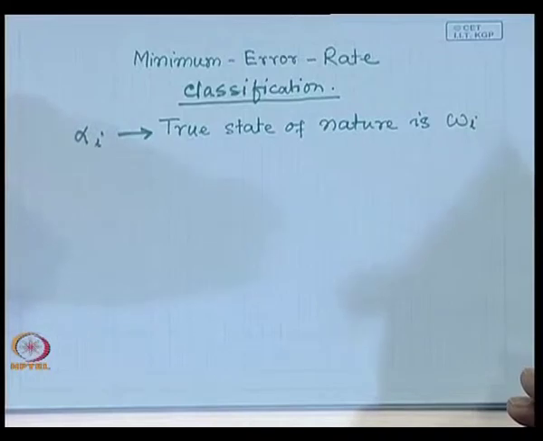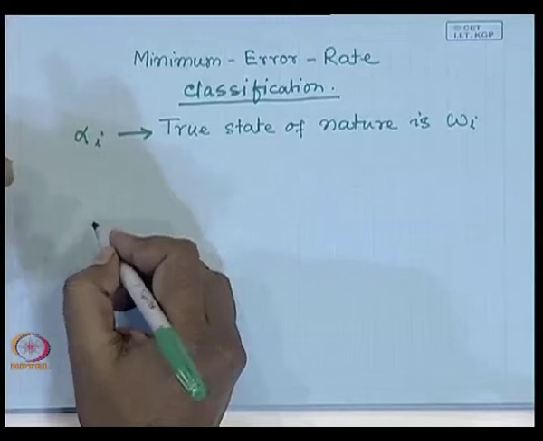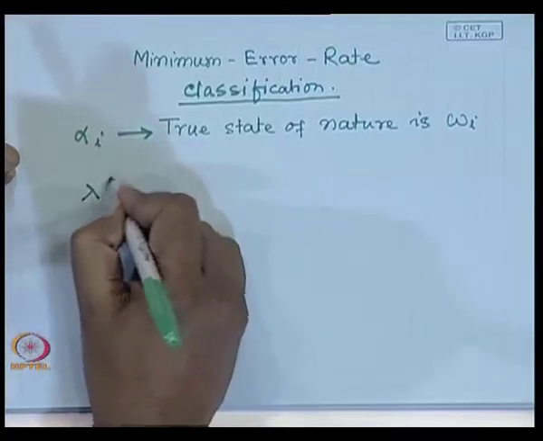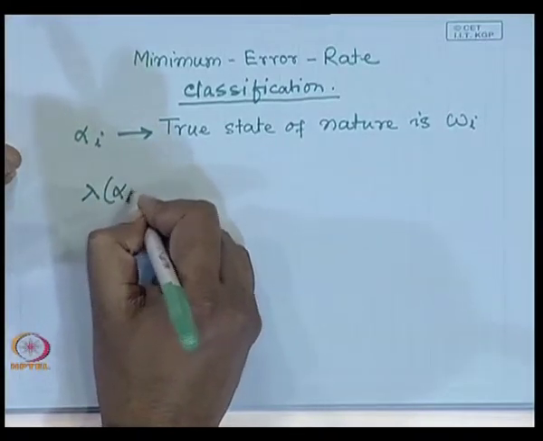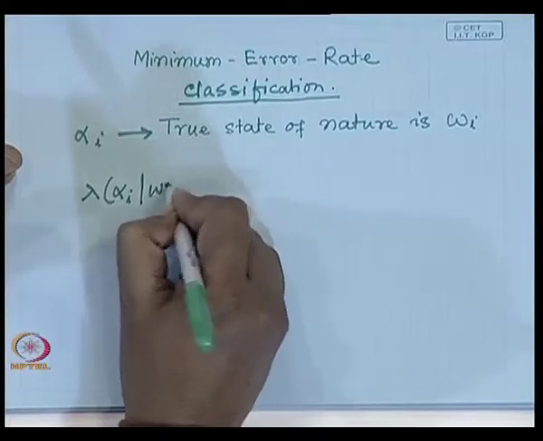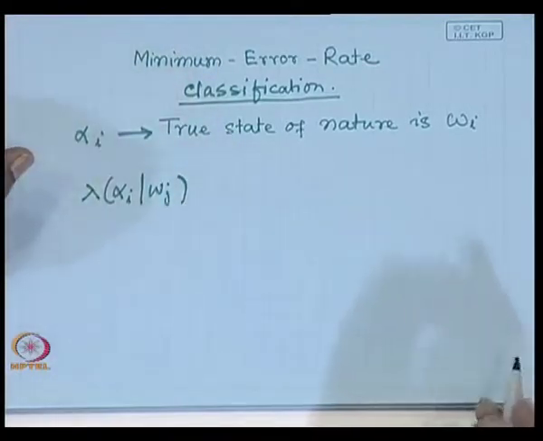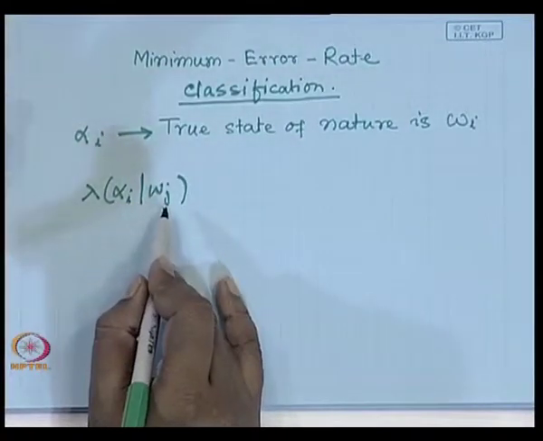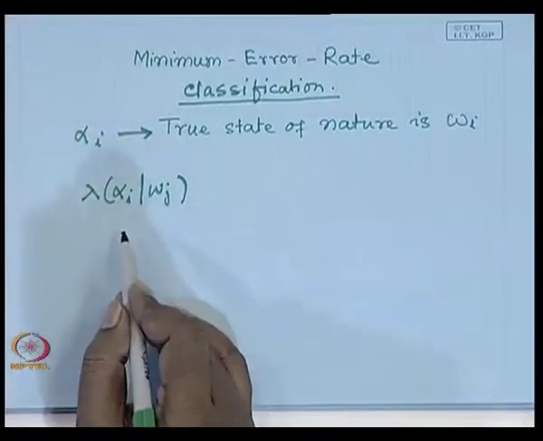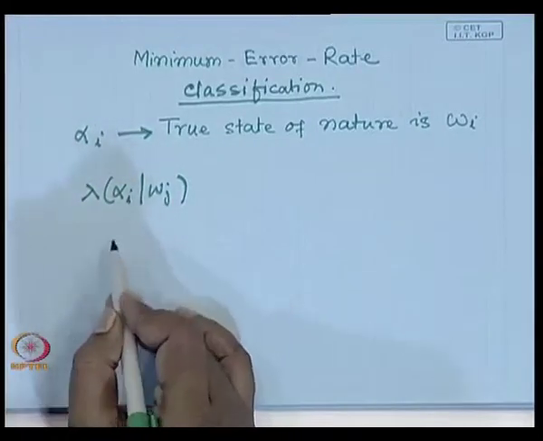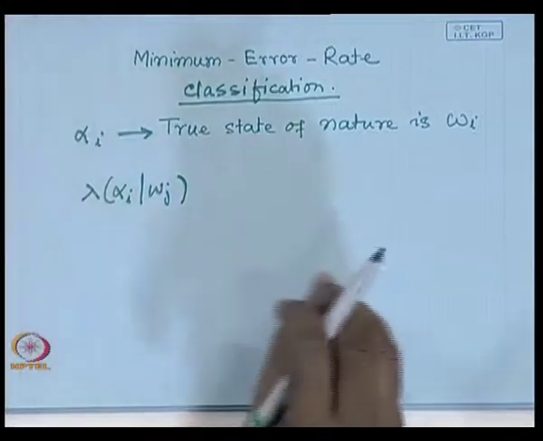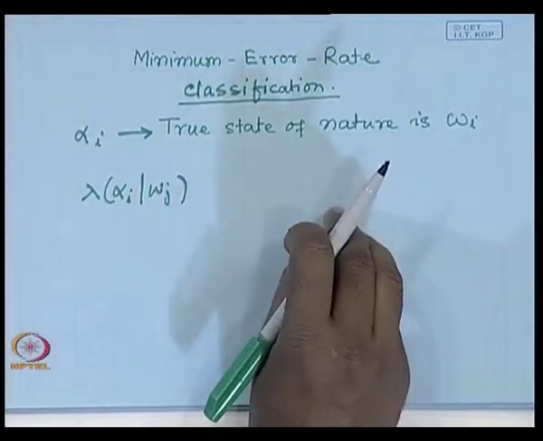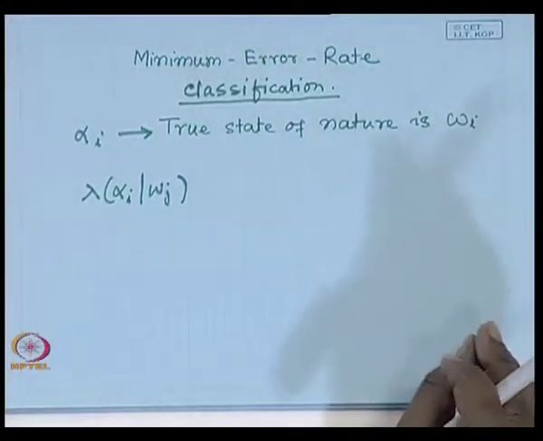And if I define the loss function like this, say lambda of alpha i given omega j, taking an action alpha i means deciding that the state of nature is omega i. If my decision is correct, that means I take action alpha i and the true state of nature is also omega i, then ideally I should incur a 0 loss.